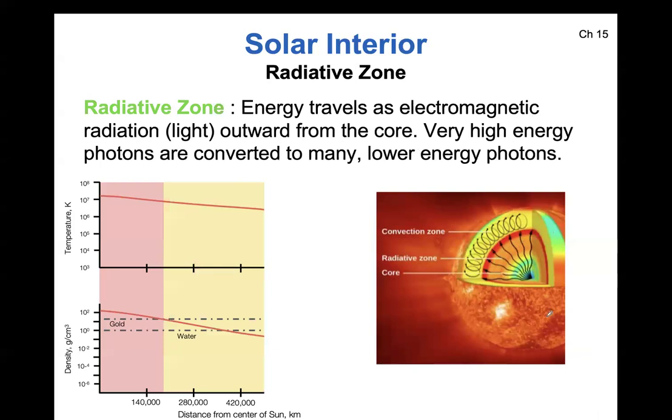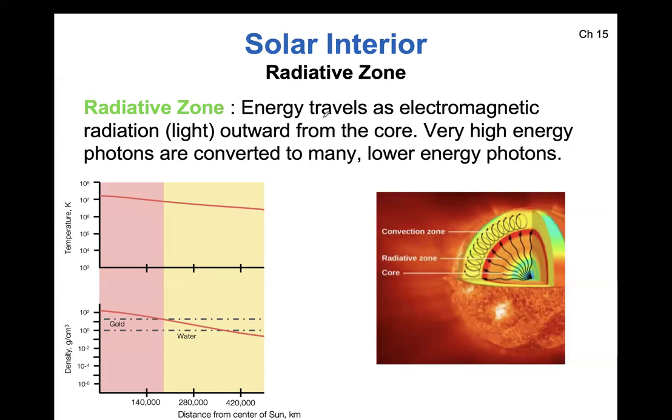Next, as we move away from the center towards the surface, is a level called the radiative zone. So this is the shell that borders the core but extends up significantly towards the surface. You can see it labeled in the figure, and it's where all the wiggly lines are passing through, and it covers this whole kind of gradient of colors, with the core just being at the very center.